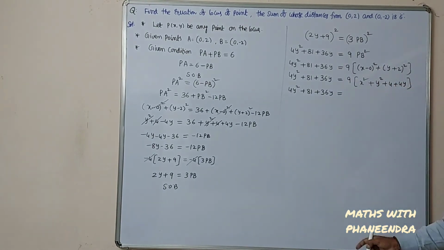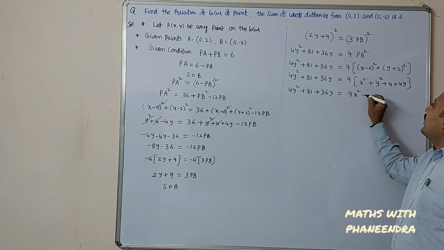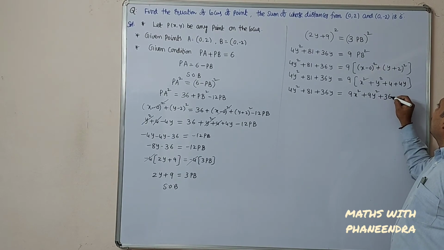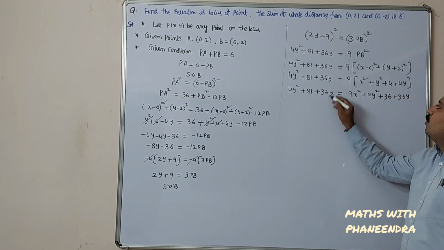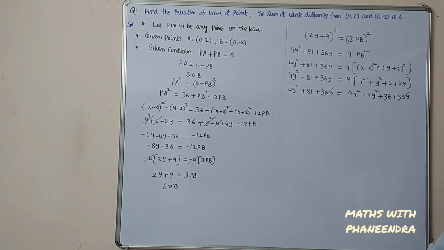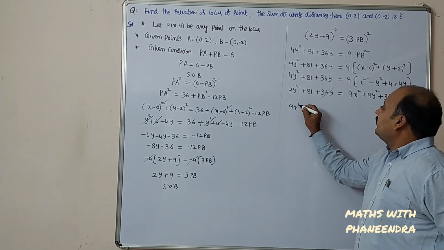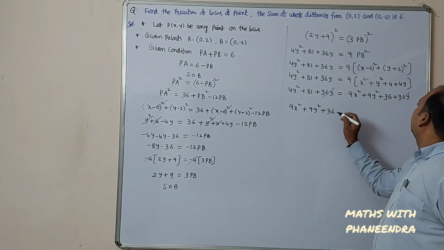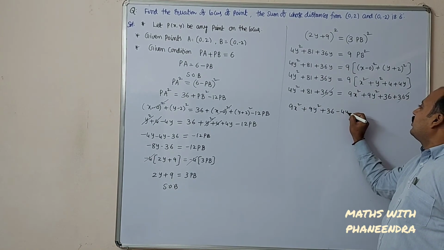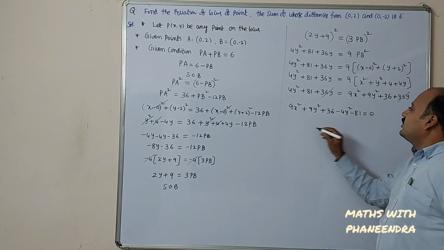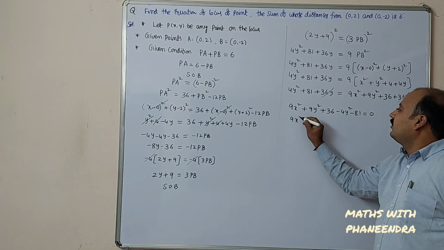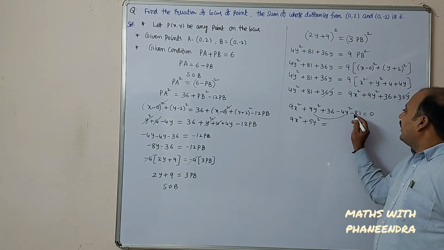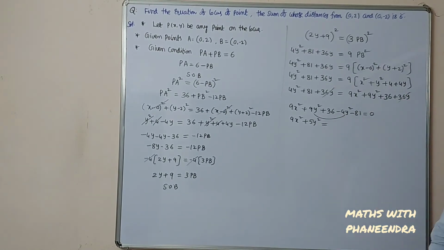Each and every term of this bracket we multiply by 9. 9x square plus 9y square plus 36 plus 36y. Both sides 36y we cancel. First 9x square plus 9y square plus 36. These values I am taking to this side. Minus 4y square minus 81 equal to 0. 9x square, 9y square minus 4y square, 5y square, is equal to minus 81 plus 36, which is minus 45.